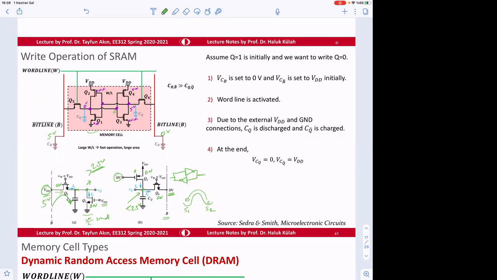So what is the argument here? This 5 volt is strong, and this ground is strong in the bit line, so that at the end, VCQ becomes 0, and the other one becomes VDD. Okay, so you manage to change the internal data.